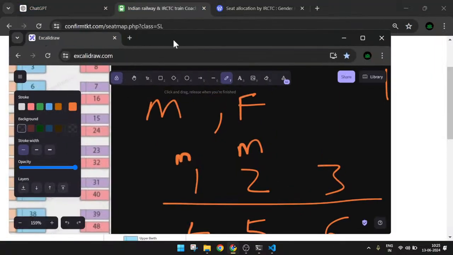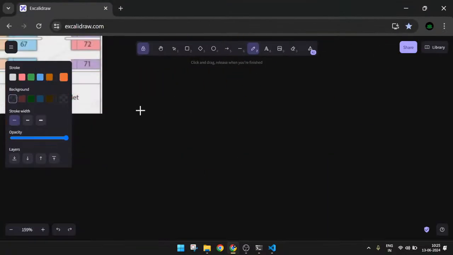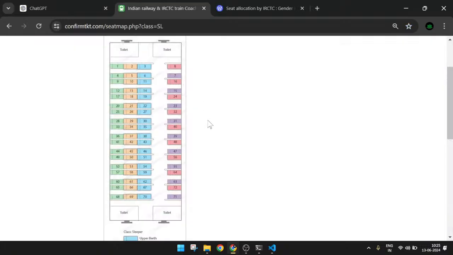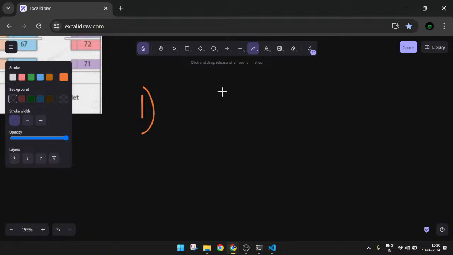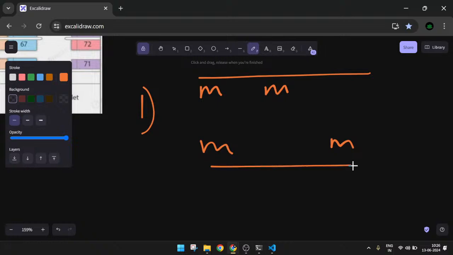Okay, so I'll keep my drawings here. The first rule says that if there is a group of men, for example, like this, and this is the compartment seat, seat, and seat. And there is a man, so no female should be allocated here.